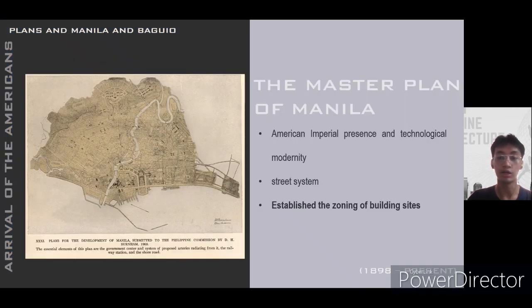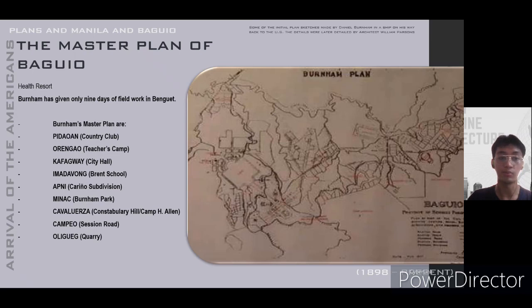And this is the master plan of Manila. This is patterned after Venice and Paris, and is a testimony of the American imperial presence and technological modernity. It is also where they established the zoning of building sites. This is the master plan of Baguio.